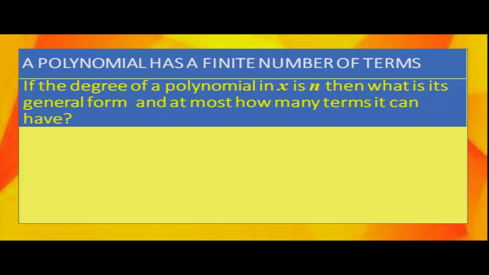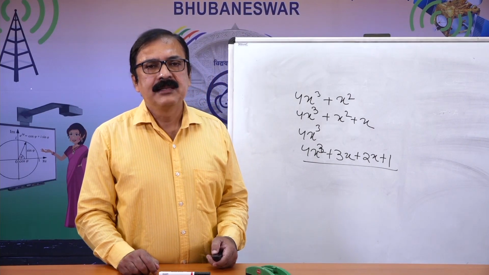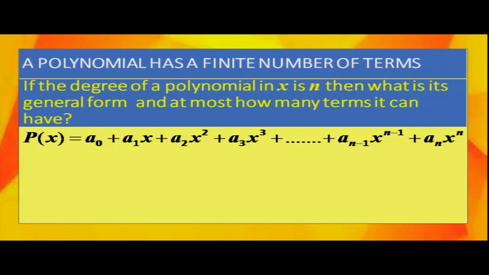So if the degree of a polynomial in x is n, what is its general form and at most how many terms can it have? We can write this degree n polynomial as a0 plus a1x plus a2x square plus a3x cube, and in this way up to a(n minus 1) x to the power n minus 1 plus an x to the power n, where the coefficients are a0, a1, a2, a3, and so on up to a(n minus 1) and an.